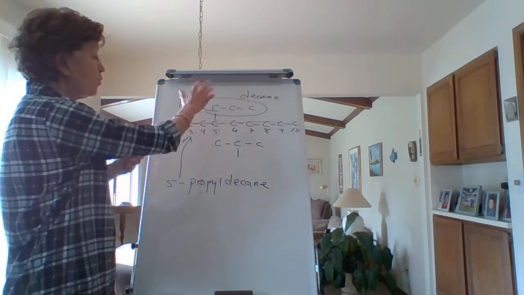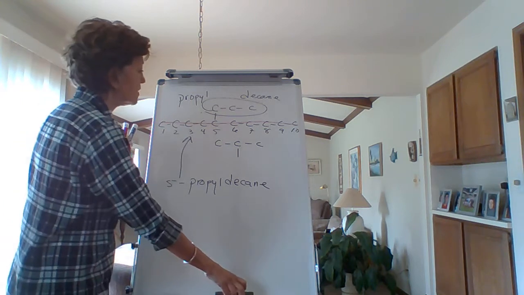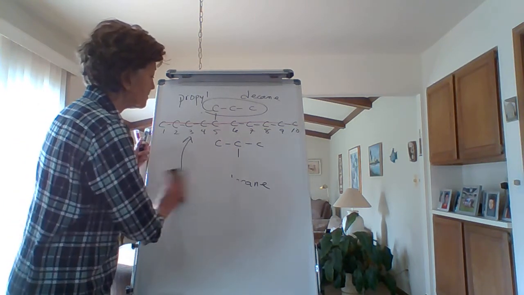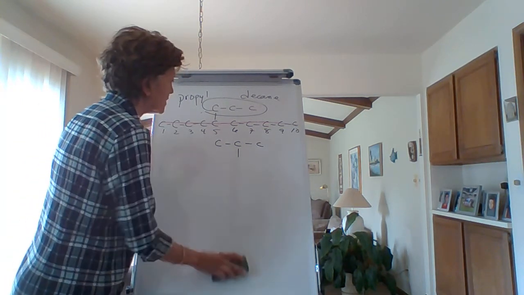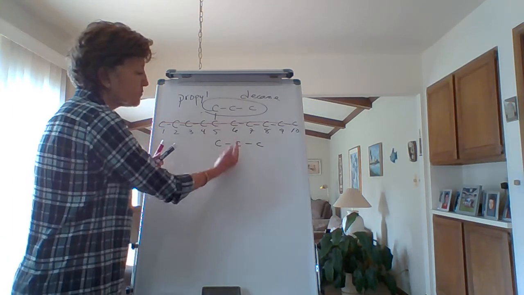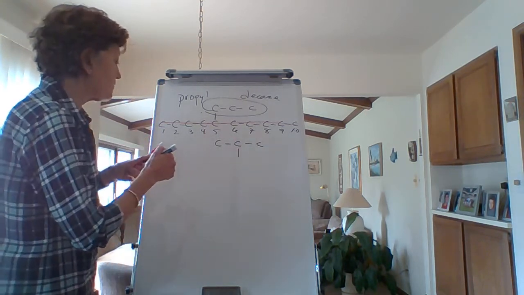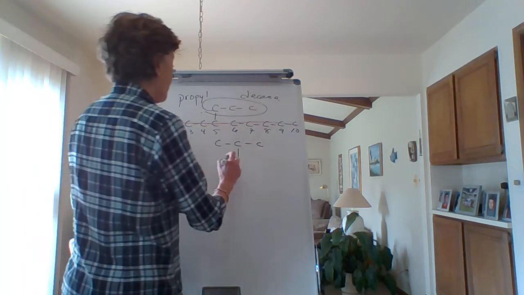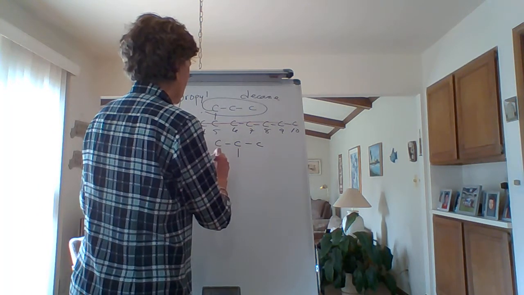All right, so that's one type of three carbon substituent. The second type of three carbon substituent is this guy down over here. It's hooked up from the middle. So let's say I've got something like this.